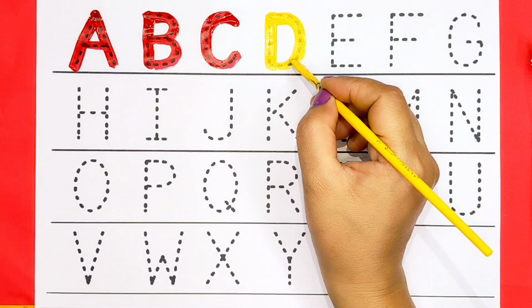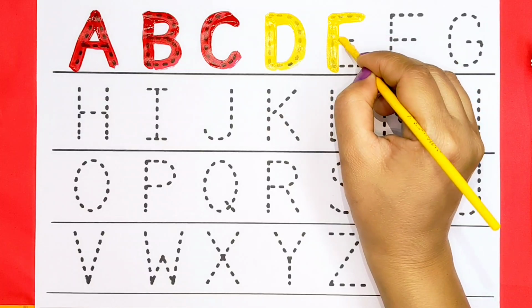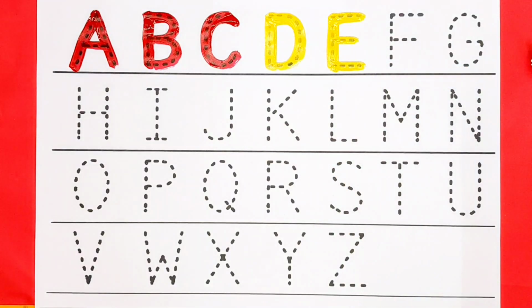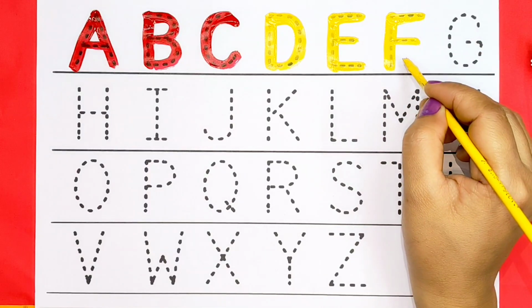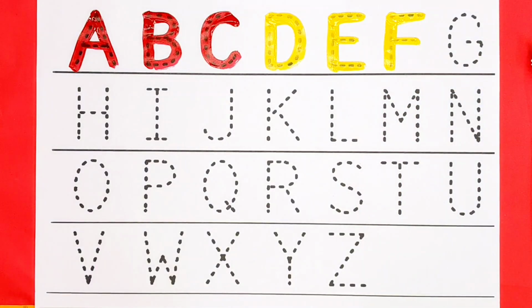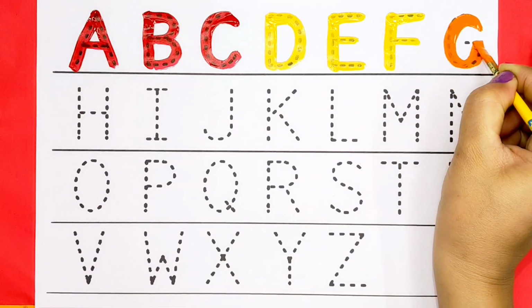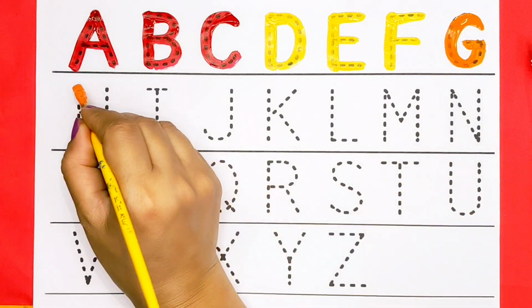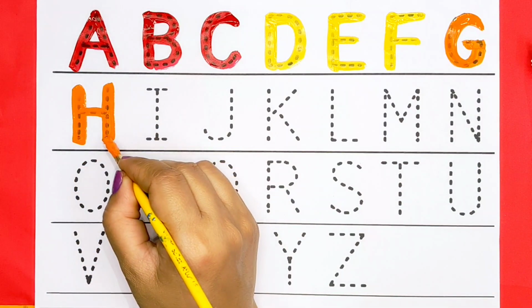D. D for dog. E. E for earth. F. F for frog. Orange color. G. G for grapes. H. H for hand.